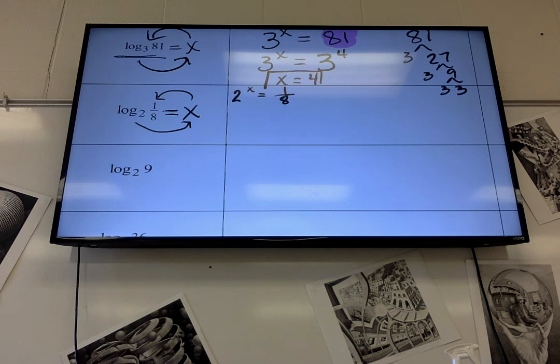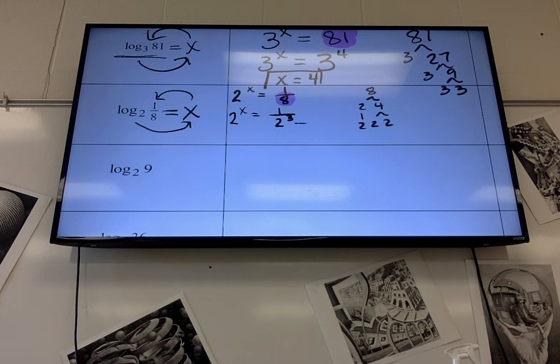The 8's the bigger number. So I'm going to break down the 8 into what? 2's, into the smaller number. If we can, which we can't. So how many 2's do we have? 3. So it's 2 to the x equals 1 over 2 to the third.